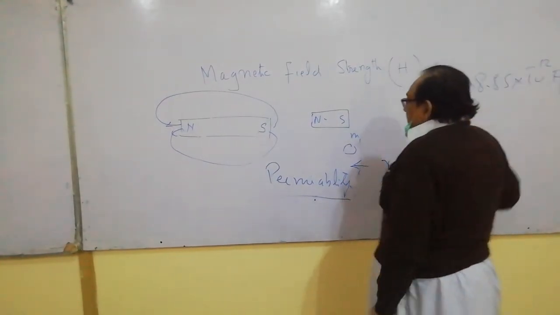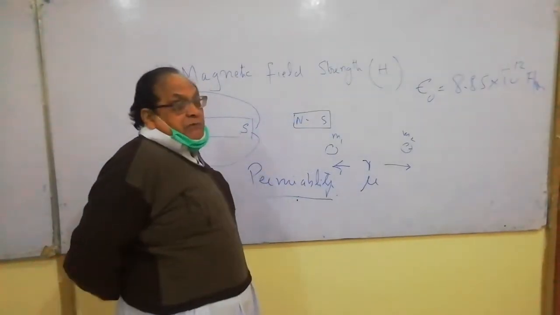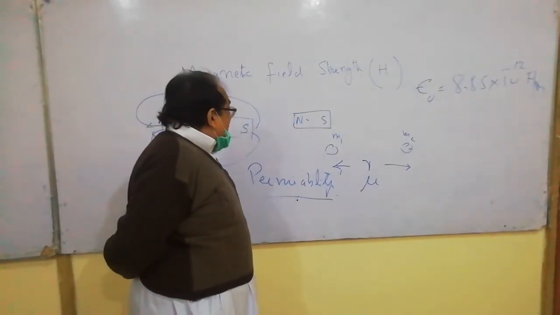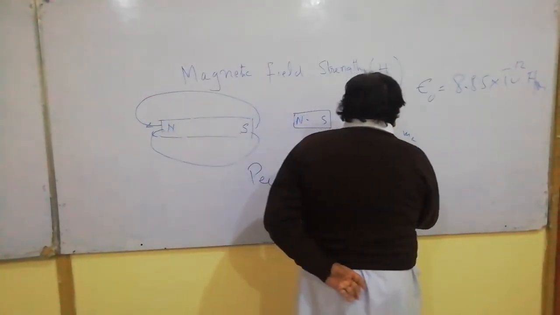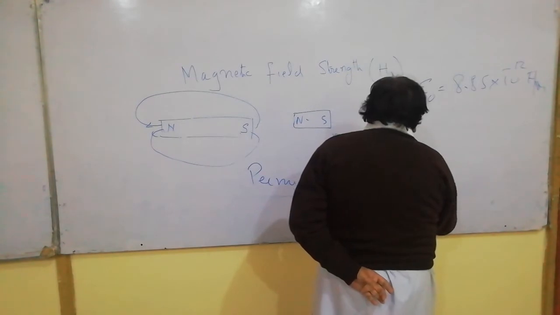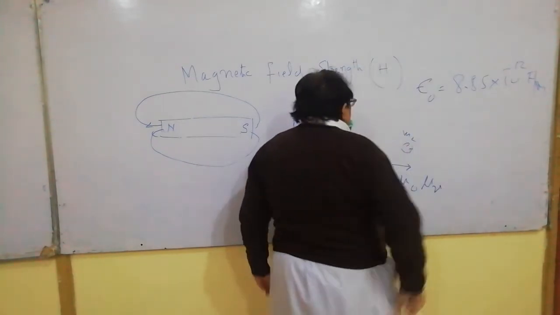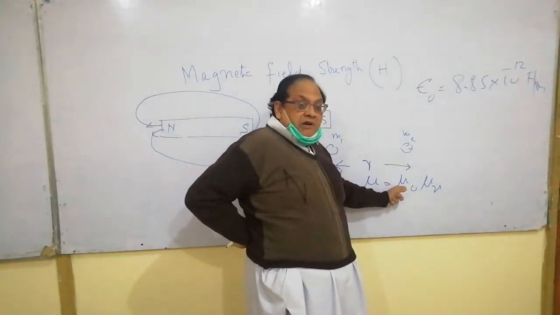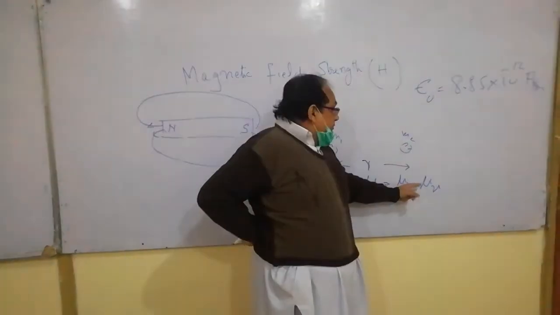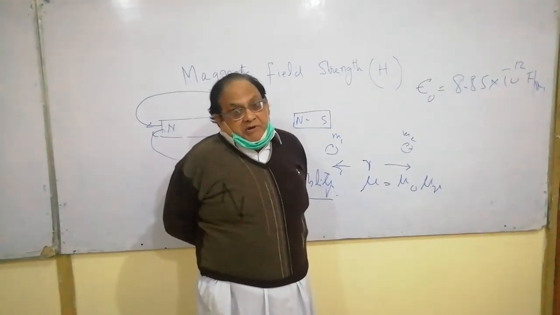Similarly, in magnetism, we will be dealing with permeability, and permeability mu is equal to mu naught into mu r, similar to permittivity. Mu naught is the permeability of free space, and mu r is the relative permeability.